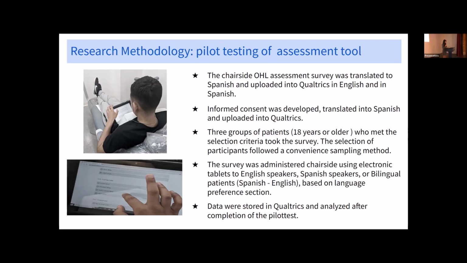The selection of the participants followed a convenience sampling method. The survey was administered chairside using electronic tablets to English speakers, Spanish speakers, and also bilingual patients who spoke both Spanish and English. And this survey was taken based on their language preferences. And then the data was stored in Qualtrics and analyzed after the completion of the pilot test. Next slide, please.